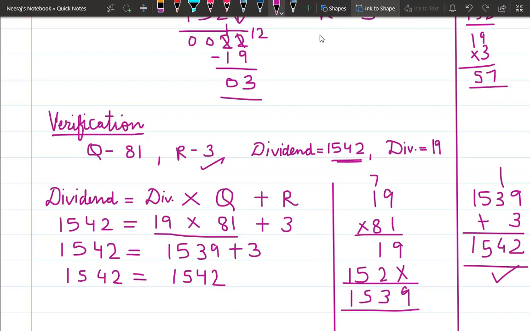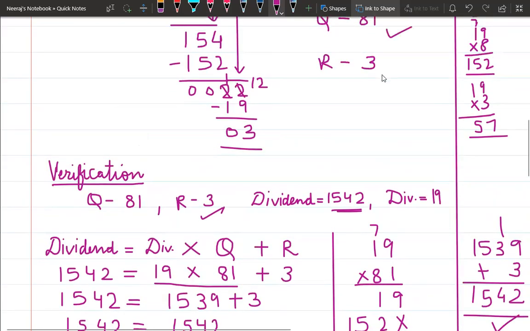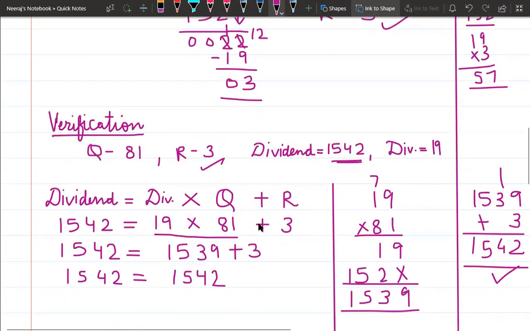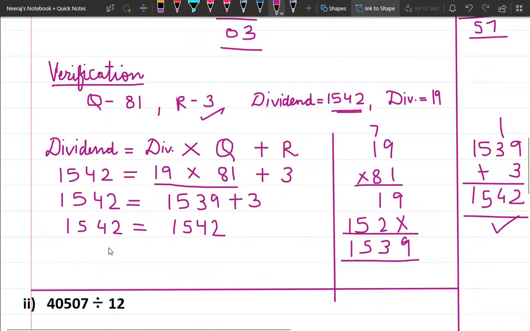It means that our answer of the quotient and the remainder was correct, right? So here we have to write hence verified. Okay, you have to do questions like this. The next question you have to try yourself. Thank you so much.